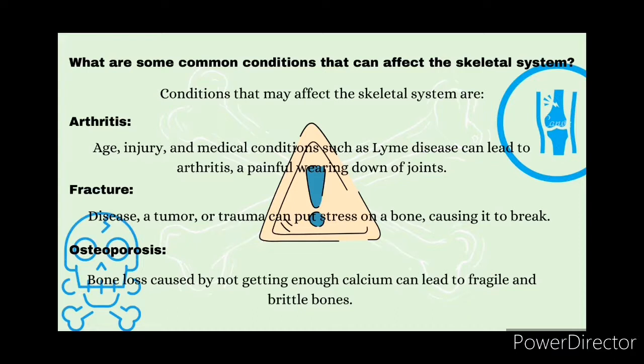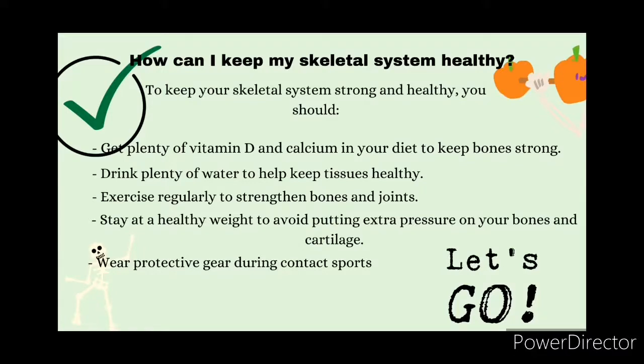So dito, rumurupok ang ating mga buto kapag lagi tayong stress. The last one is osteoporosis. Bone loss caused by not getting enough calcium can lead to fragile or brittle bones. Nabanggit ko nga rin kanina na kailangan natin magkaroon ng enough calcium at vitamin D upang mapatibay natin ang ating mga buto.